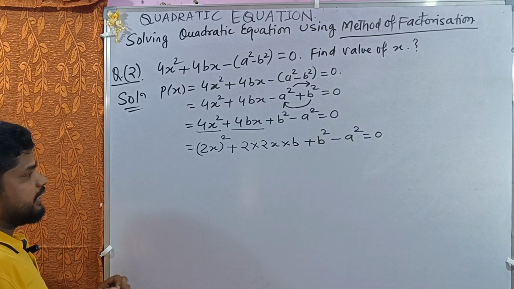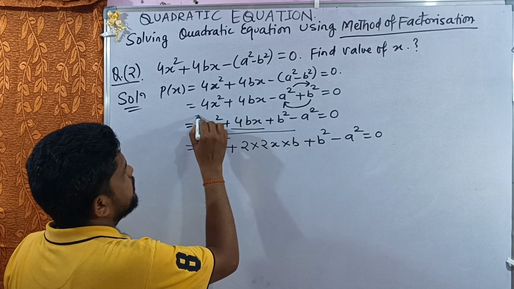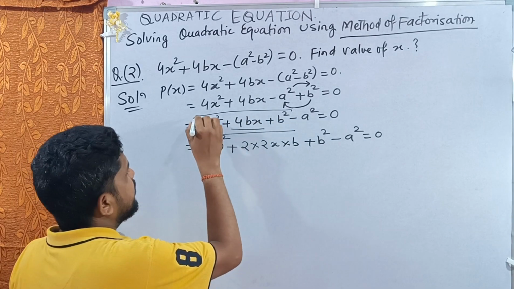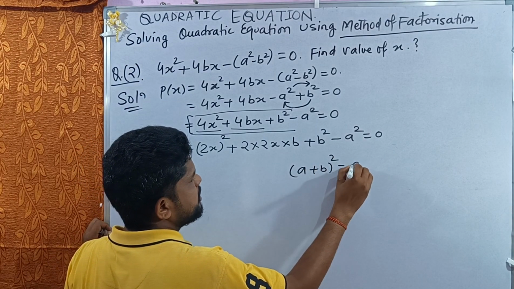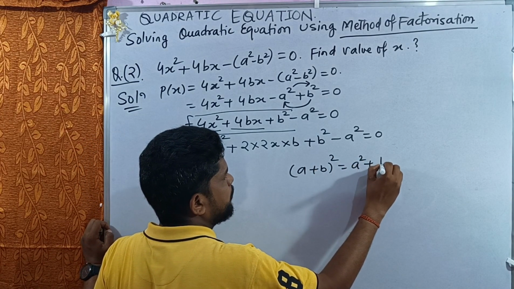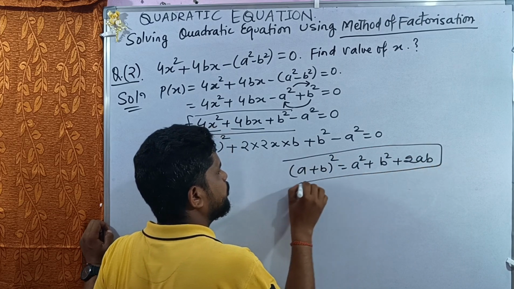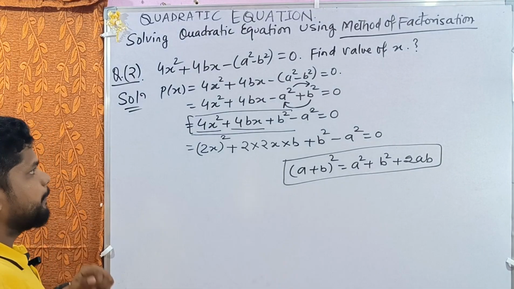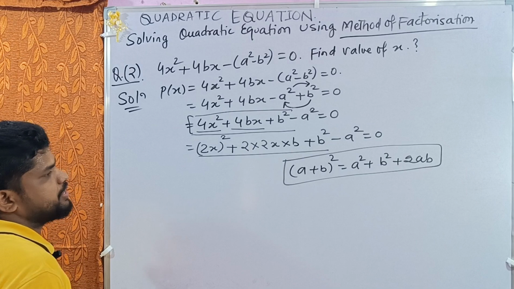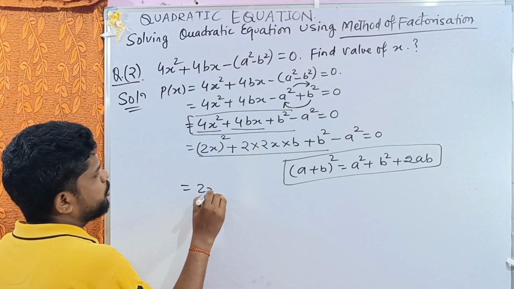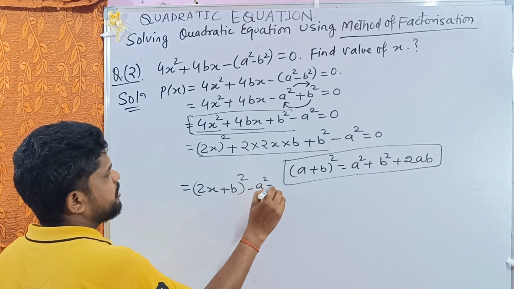Basically what I have tried over here is to put this expression in the formula of (a plus b) whole square, which is a square plus b square plus 2ab. So from this expression I will get (2x plus b) whole square minus a square equals 0.